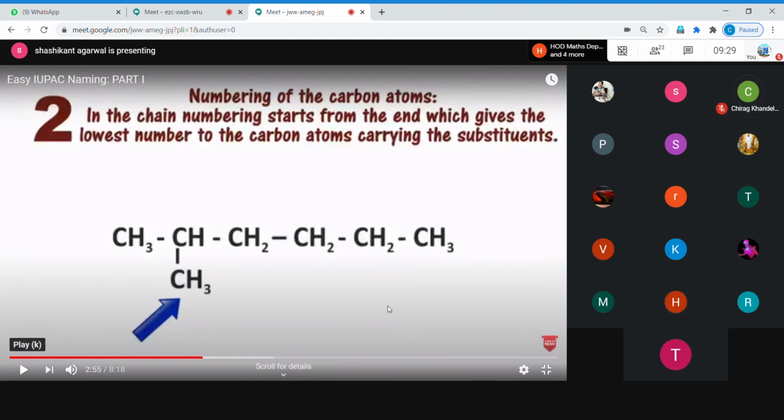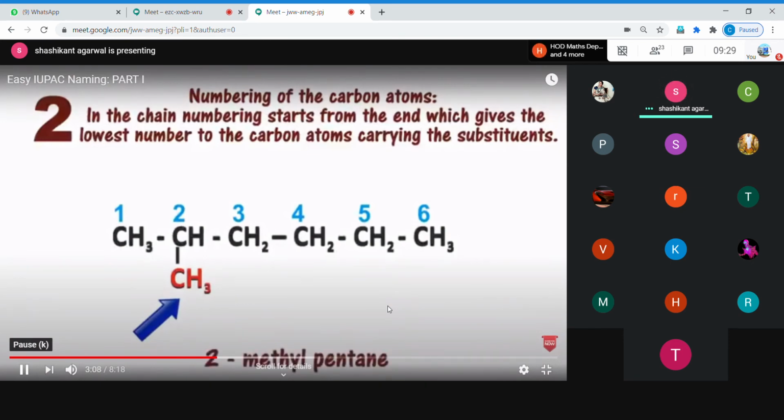Left hand side. Yes. So methyl will get which number? 2. It will get the second number. Hence, the numbering should start from the left side. So number 1 carbon atom will be from the left side, and on the second carbon atom CH3 will be attached.